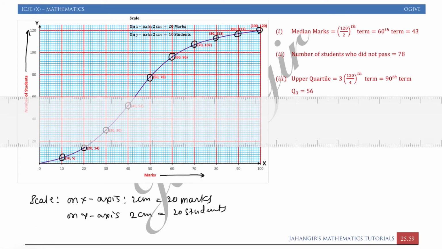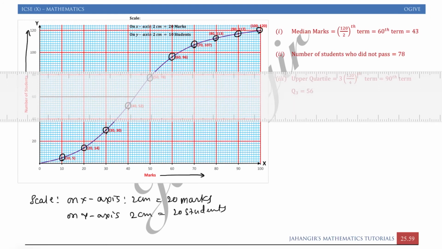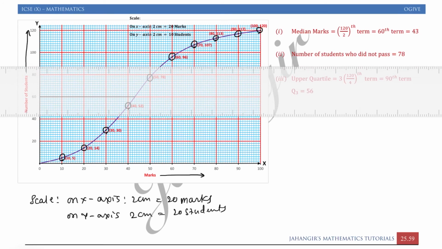So at 60 I have to draw a horizontal line. That is this line. I have to take the upper quartile also, for the third quartile. So the upper quartile will be at the 90th term. I will draw that also at the same time.